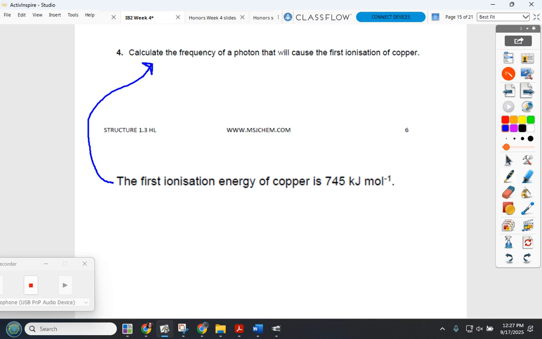So it's one of the many periodic tables in your data booklet that has a bunch of info on it. And so you just read the graph. This here says 745 for copper. So you could have looked this up. You could have answered that if that was the test question by just looking it up. But knowing that it exists here is helpful.